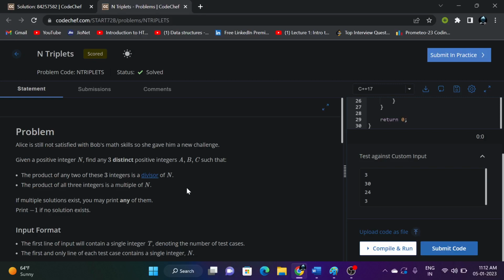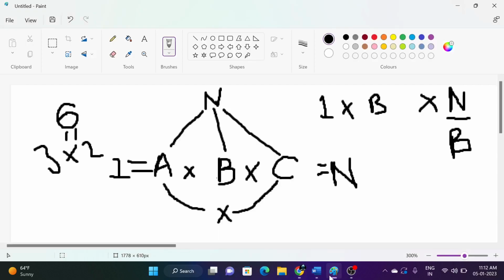What if we take 4? Now let's take 4. 4 has three factors, right? 1, 2 and 4.